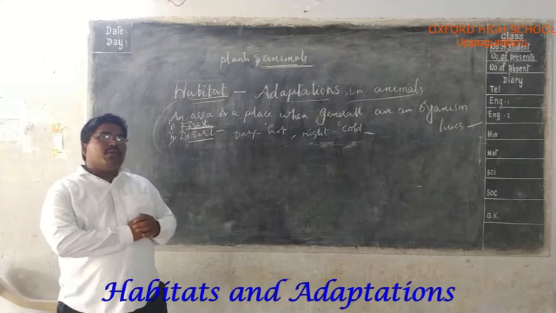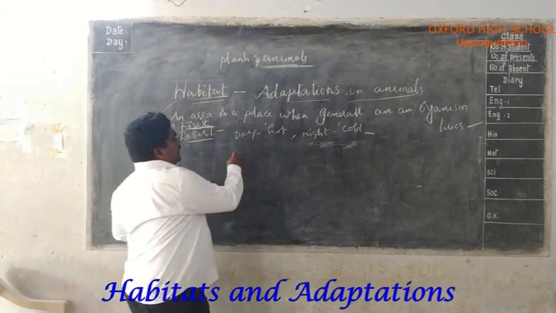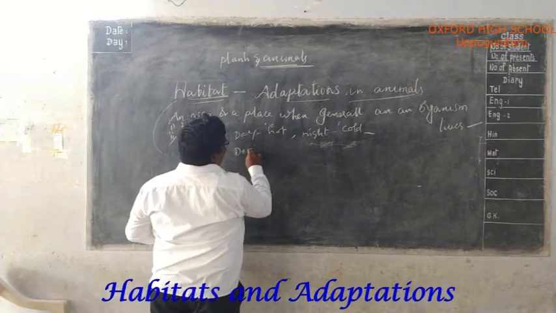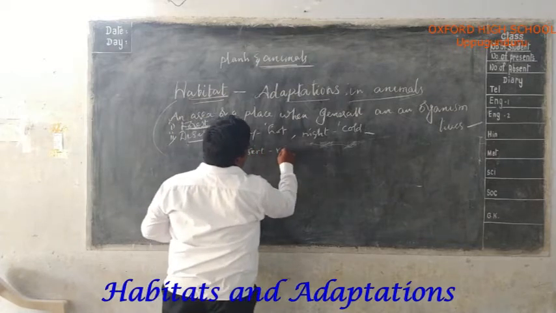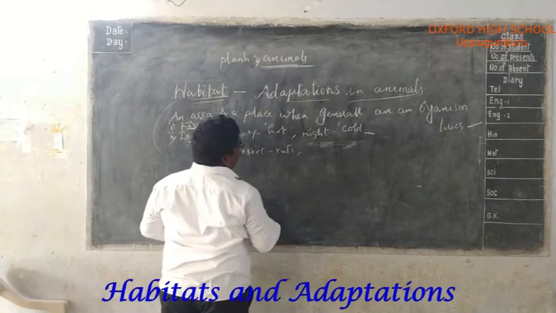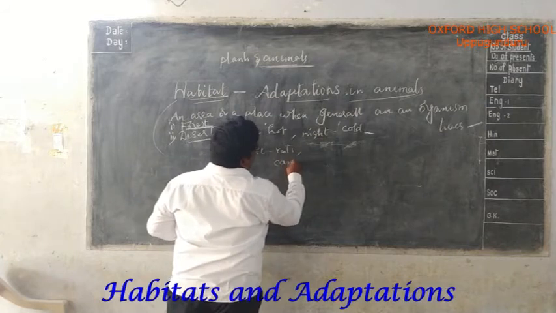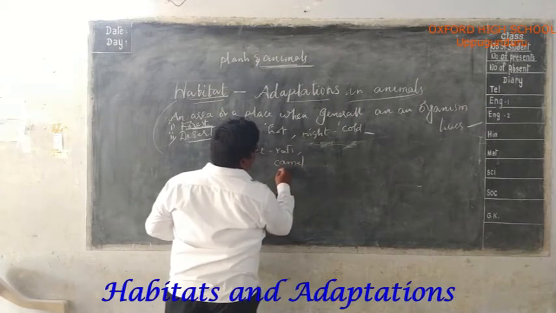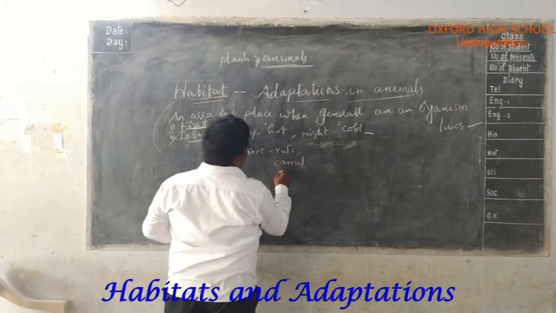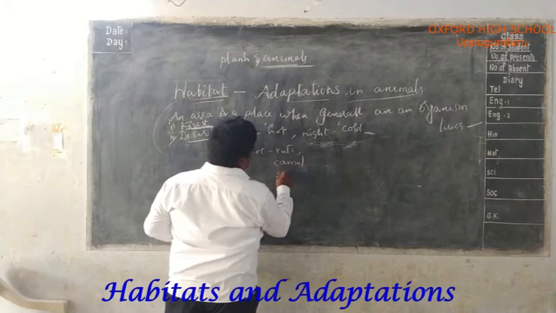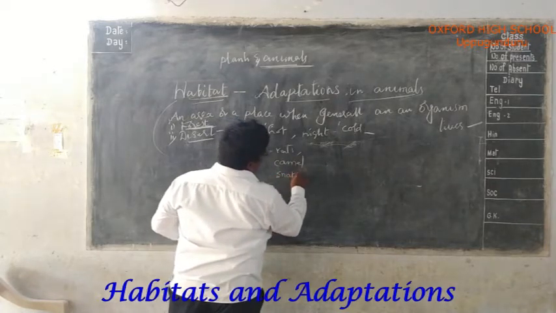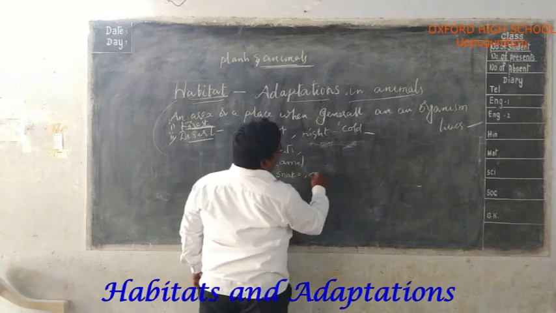For example, desert rats, camels, and snakes, also the sidewinder snake.